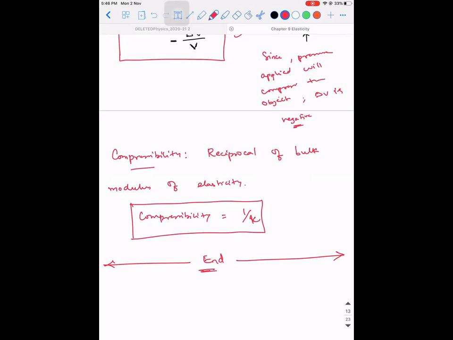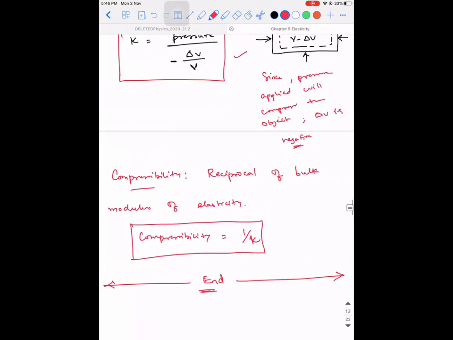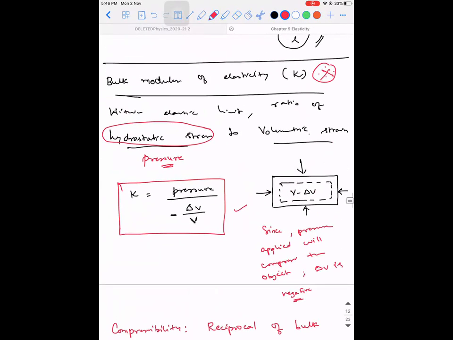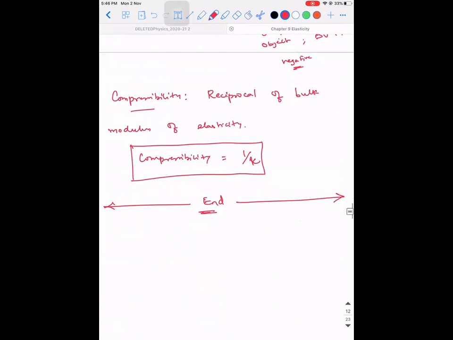So if they ask a question related to bulk modulus also, you have to do the problem in a similar way like how you did in the case of Young's modulus. But 99.9% no question will be asked on bulk modulus. Everything will be related to Young's modulus only. Am I clear, guys? Is there any doubt?